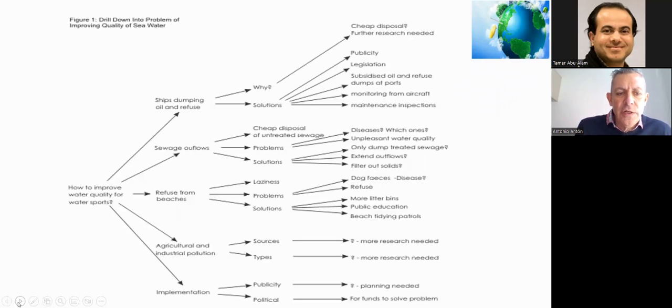How to improve water quality, where you have 4 parts: perhaps it comes from ships dumping oils and refuse, as in the example I showed before, or the sewage outflows, or refuse from beaches, or perhaps it's industrial pollution, or has to do with implementation.